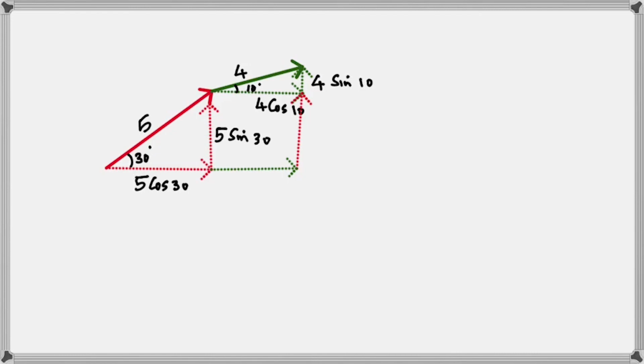So in other words, isn't this 4 cosine 10? And this is 5 sine 30. If you don't understand, you get muddled up, mixed up. But do you see what I did? I just moved it, wrote it again. And so you should be able to see the triangle now. Yes or no? Do you see it?